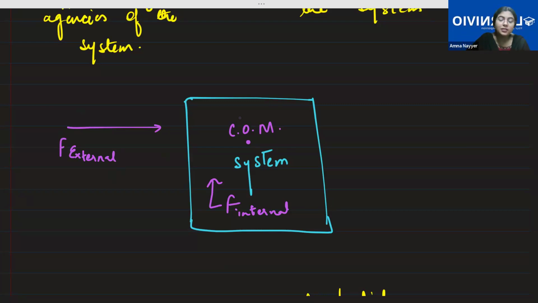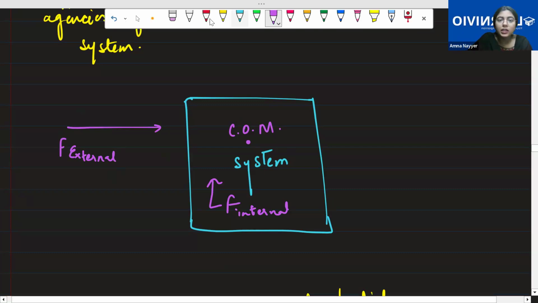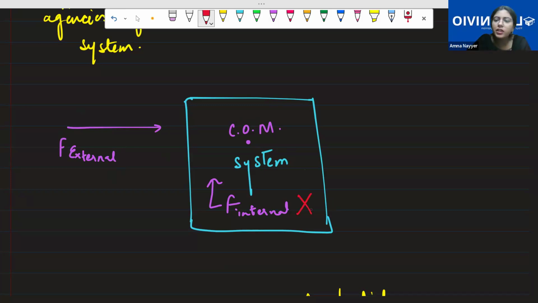Now see, center of mass is present here. So look, the center of mass will not be disturbed by the internal forces. All sorts of internal forces can act over here. What can disturb our center of mass? This external force. So till the time this external force is not acting in your system, the center of mass is conserved.